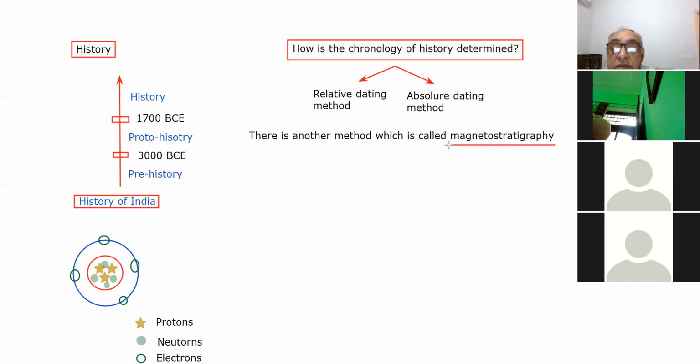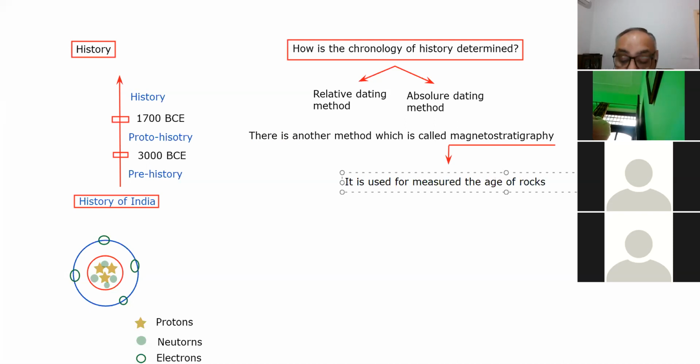So as far as this method is concerned, which is called the magnetostratigraphy, we can say it is used for measuring the age of rocks, right? So इसमें हम age of rocks को measure करते हैं इस method की मदद से, right?